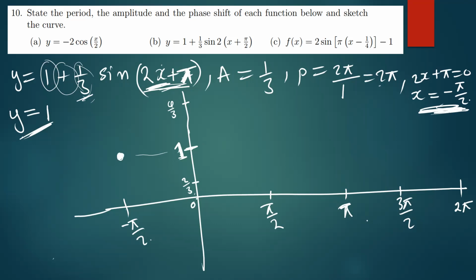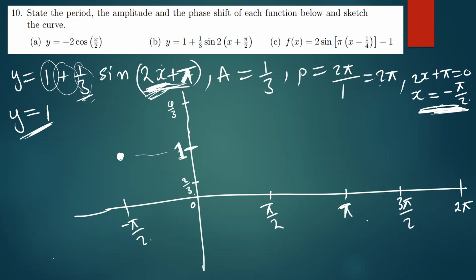Then we move on to the next point when you get a 0 and replace it where there's x there. So when you put it where there's x, you're going to have 2 times 0, that will give you 0. 0 plus pi, that will be pi. So sine pi, which is just the same as sine 180.